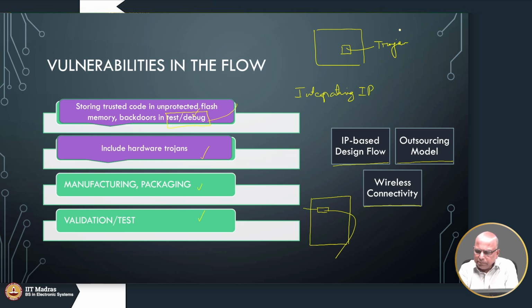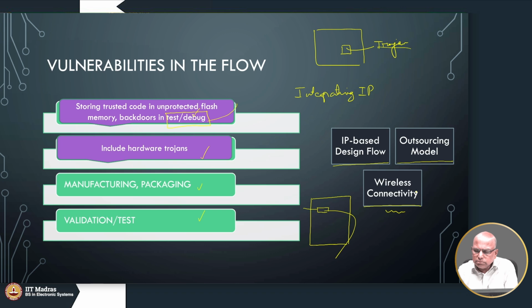It has been programmed to maybe steal information and keep it ready. It's part of the chip, so it is aware of all the activities that are happening on the chip. So it may be copying information from the chip, etc. And at some stage, it is ready to send it to some external party. Remember, wireless connectivity is now available.